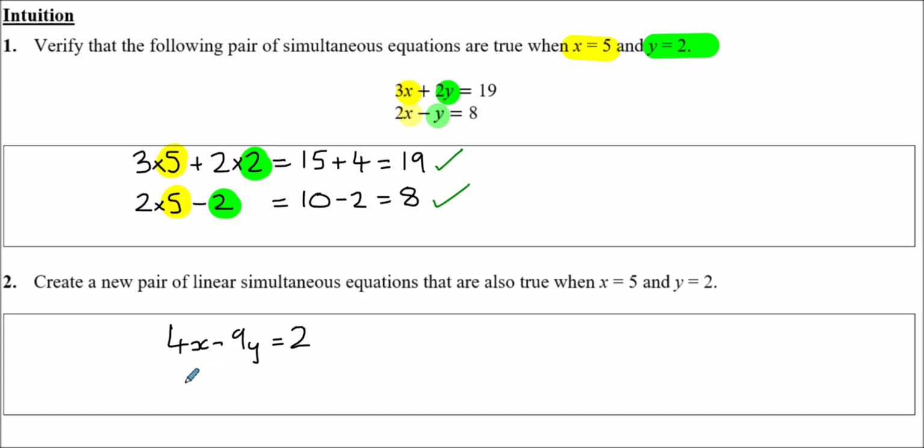Now let's go for 3x. So 3x would be 15, then plus 7y. 7 times 2 is 14. So 15 plus 14 would give 29. And so that's just one of infinitely many other examples of a pair of simultaneous equations that would be true when x is 5 and y is 2.